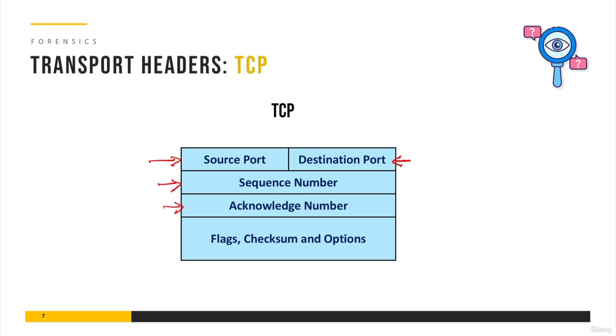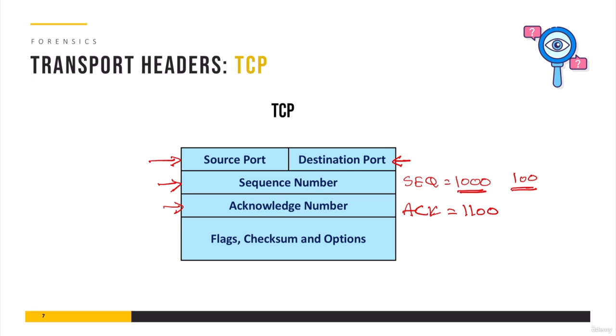received. So for example, the initial sequence number is 1000. The source needs to send 100 bytes, so it will put sequence equal to 1000. This is the starting point. And then it sends 100 bytes of data. When the destination has successfully received these 100 bytes and knows the sequence number was 1000, it will say, okay, I am expecting you to send from 1100 bytes onwards.